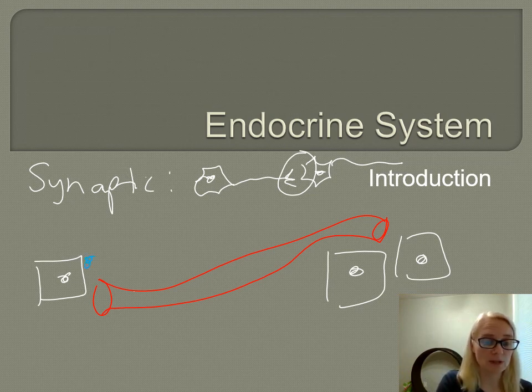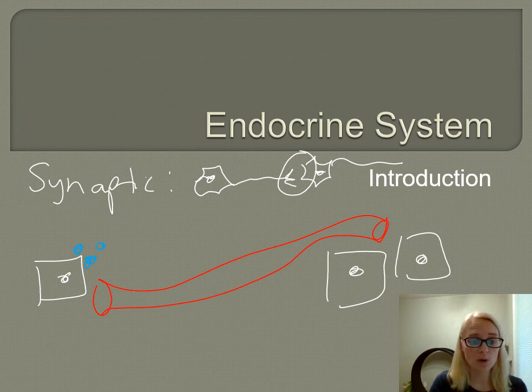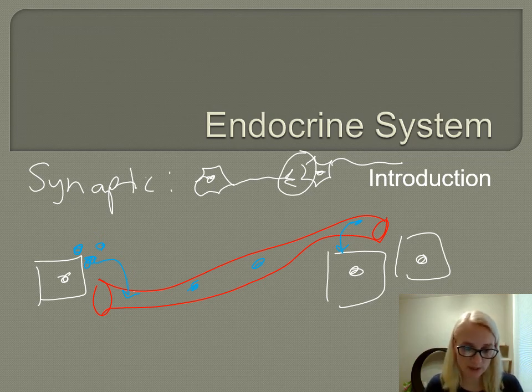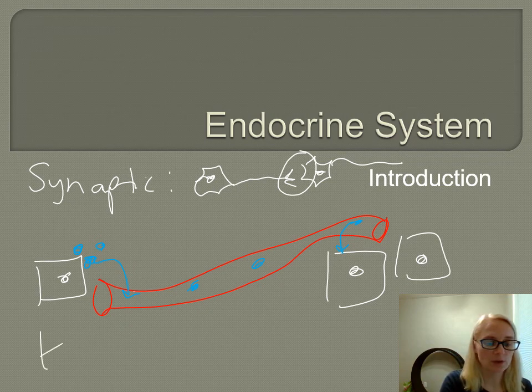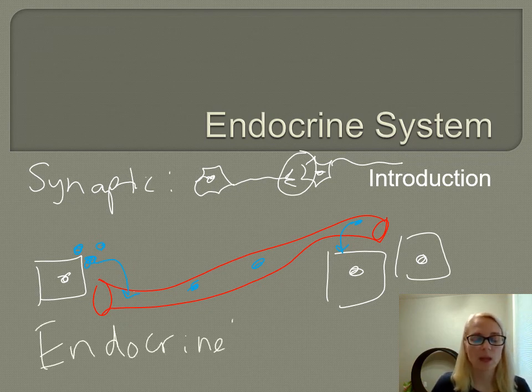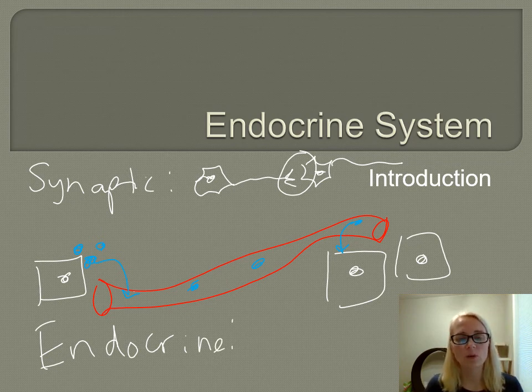Here's the chemical message, which we call hormones. It goes into the bloodstream, travels, then exits somewhere and binds the receptor at that target tissue or target cell. I didn't write the name; this is our endocrine messaging. The key to endocrine is that your chemical messenger enters the bloodstream to travel to the target tissue.